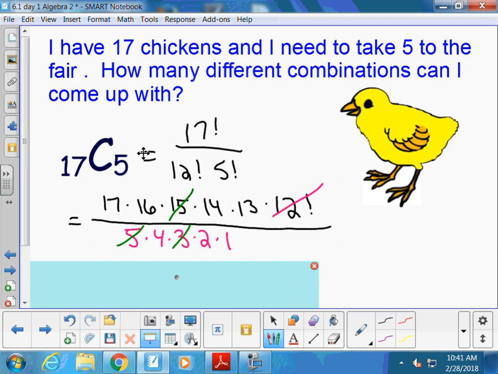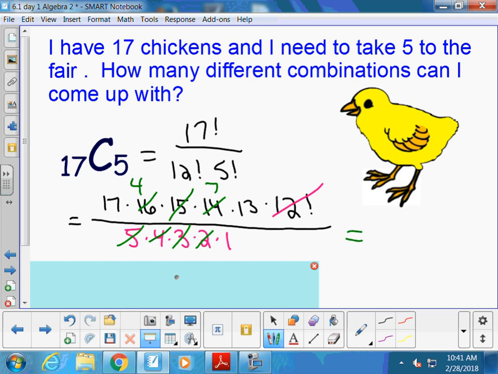Are there any other combinations of numbers that would multiply and cancel something? Not that I see. But we could do 16 divided by 4 equals 4. And we could do 14 divided by 2 equals 7. That'll save some typing. So here's what we're going to type. Everybody type it with me. 17 times 4 times 7 times 13.